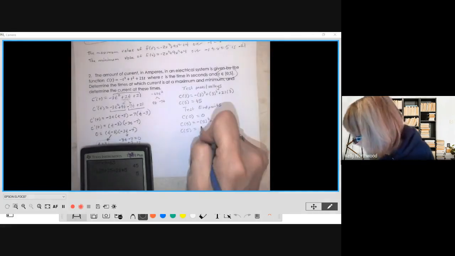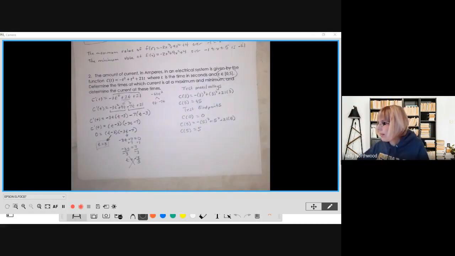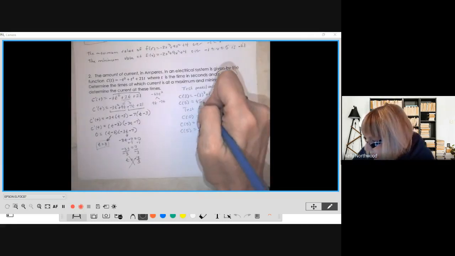Which I got 5. Okay, and we want to know the times at which current is at a maximum and minimum and determine the current at these times. Current is in amperes, so these are amps.